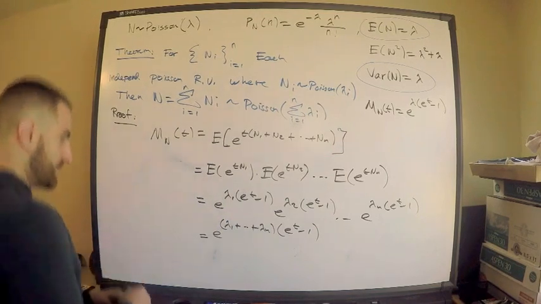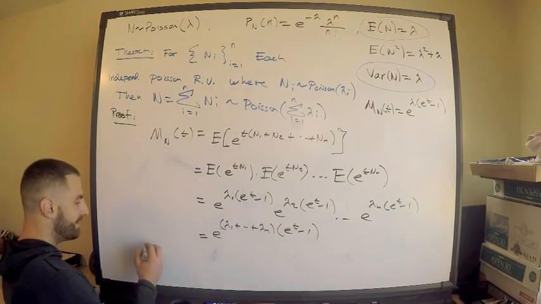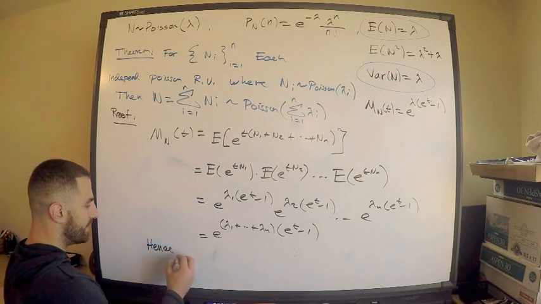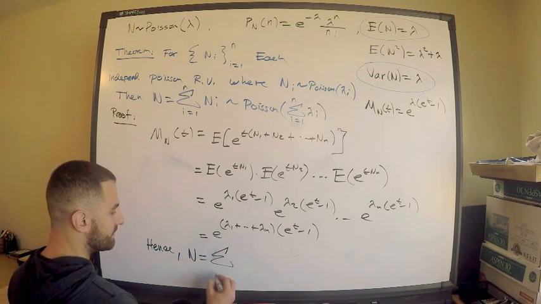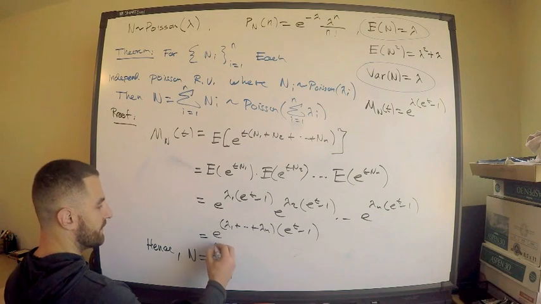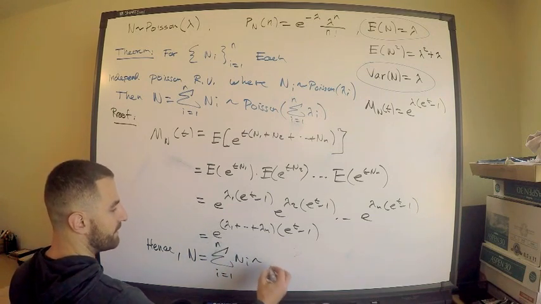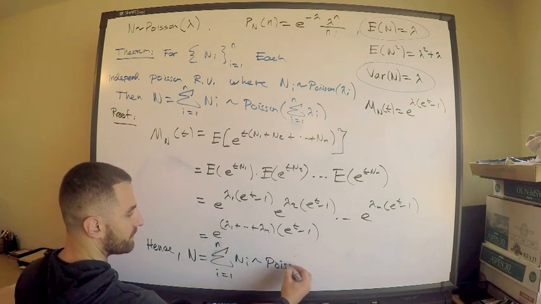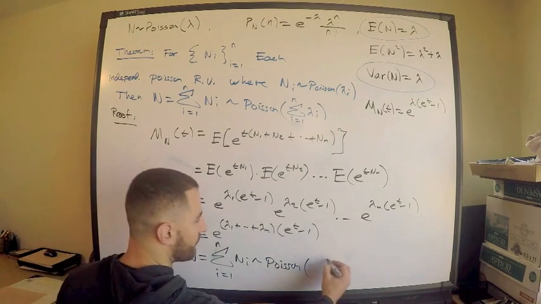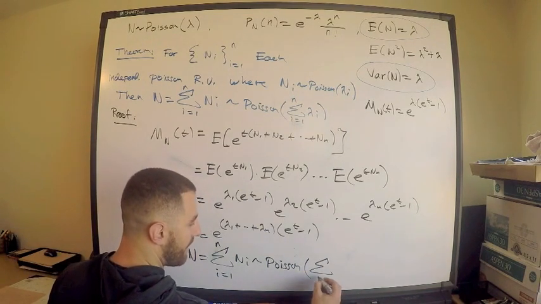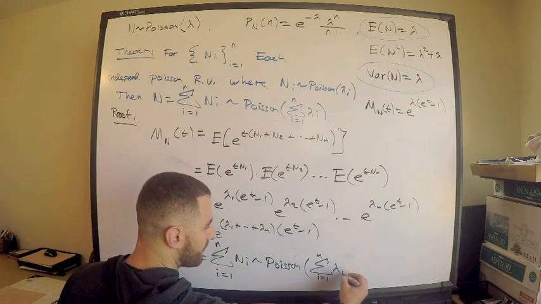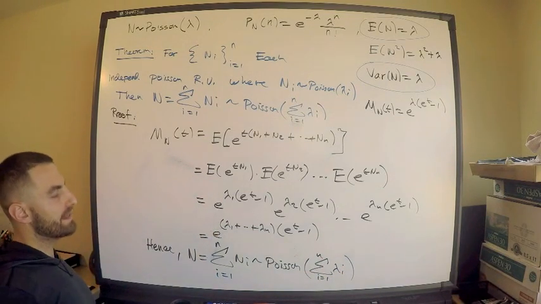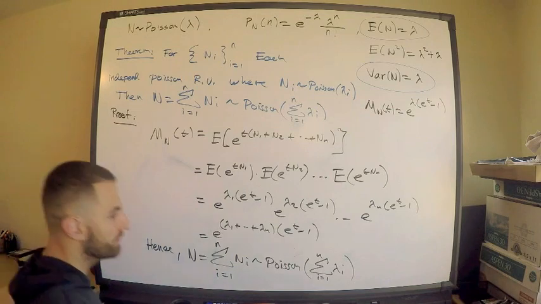Therefore, my conclusion: N, which is equal to the sum from i equals 1 to n of N_i, is Poisson with mean equal to the sum from i equals 1 to n of lambda_i, right? It's exactly what we wanted.